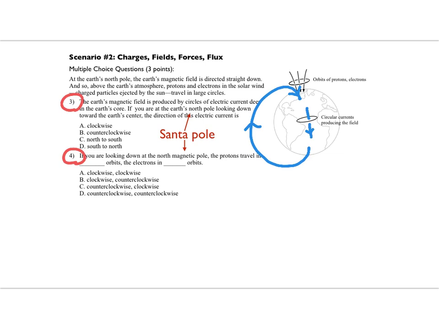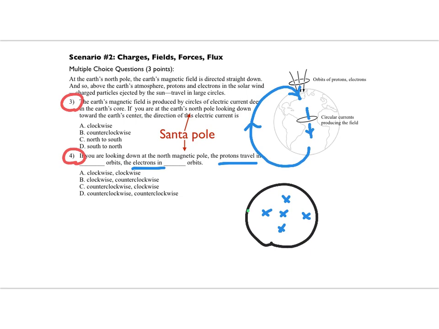Now, protons and electrons in the solar wind travel in large circles around the field lines. The magnetic field is going downward at the North Pole. So think about the direction of motion of the orbits. How would protons travel? How would electrons travel? In this case, imagine having a top view. Here's an orbit of a proton. The magnetic field is going downward because I'm imagining myself above the Santa pole and looking downward.